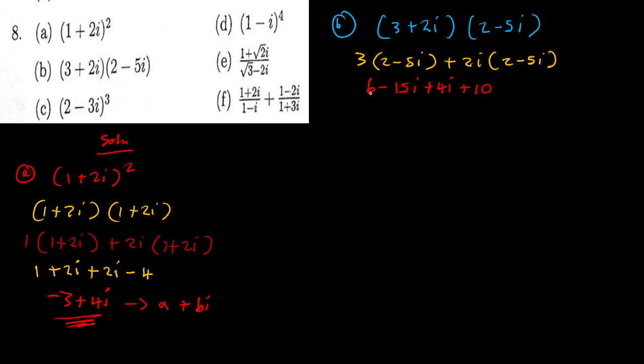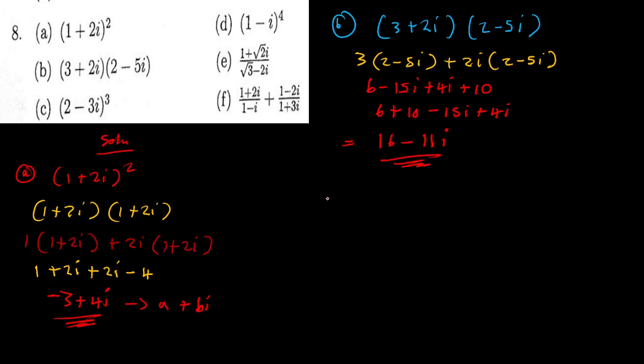Once we have that, we know 6 plus 10, and then minus 15i, and then plus 4i. What I've just done here is collect like terms. So from here, this will be 16 minus 11i. So this was the final answer for this question.